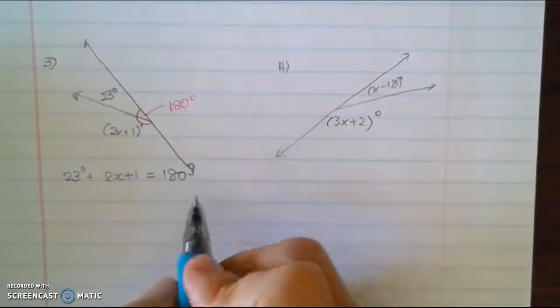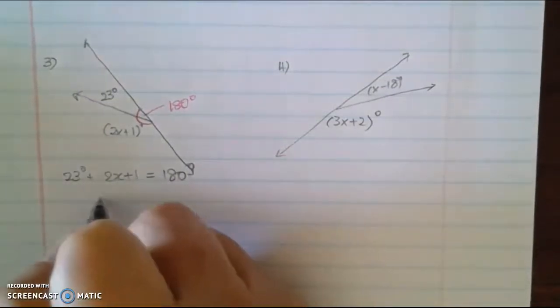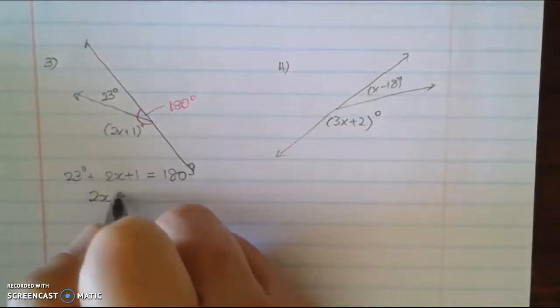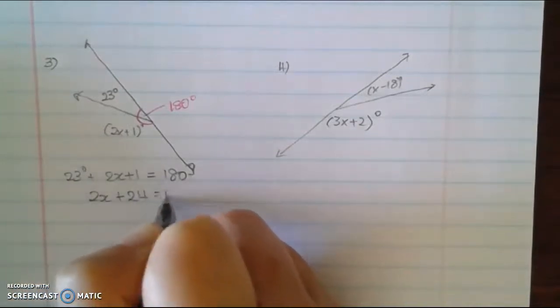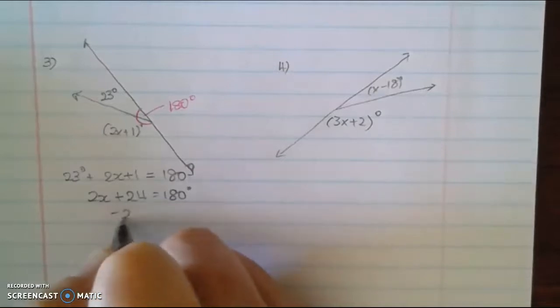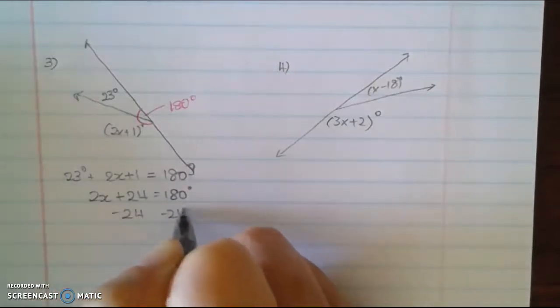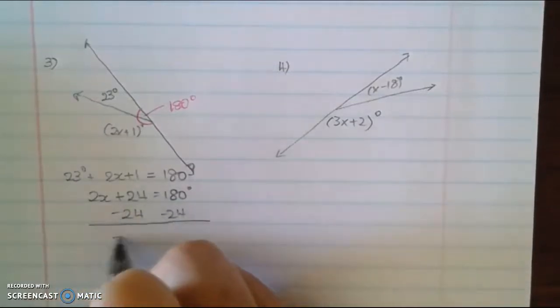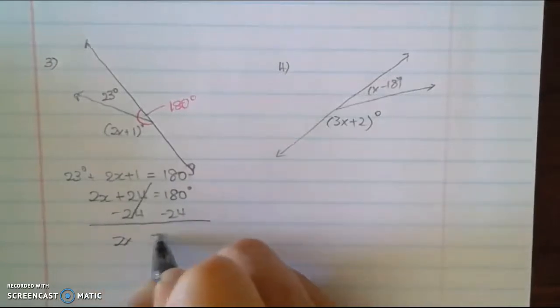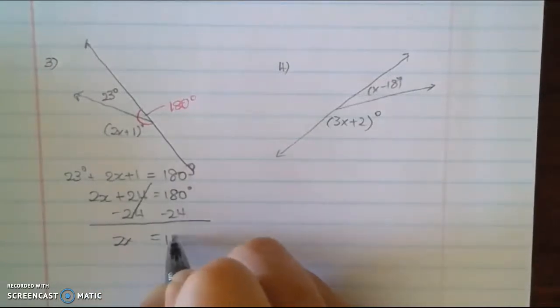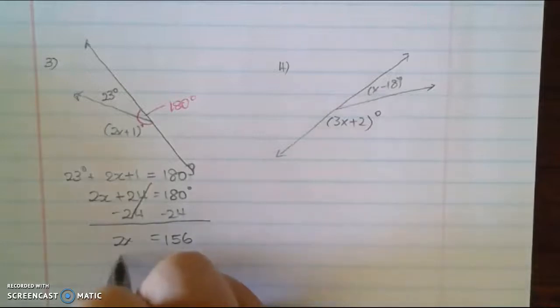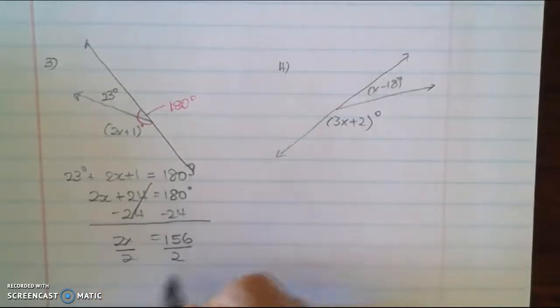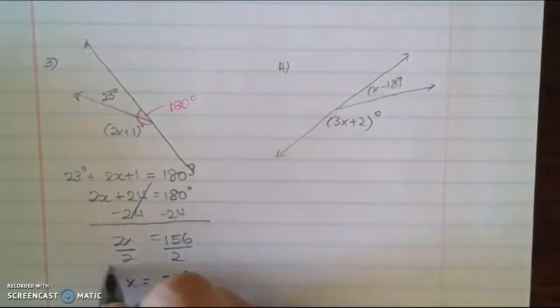That's what you will start off with. Then from here, you're going to combine like terms. So that becomes 2x plus 24 is equal to 180 degrees. Subtract 24 from both sides, and you're left with 2x is equal to 156. Then divide both sides by 2, and you get x is 78 degrees.